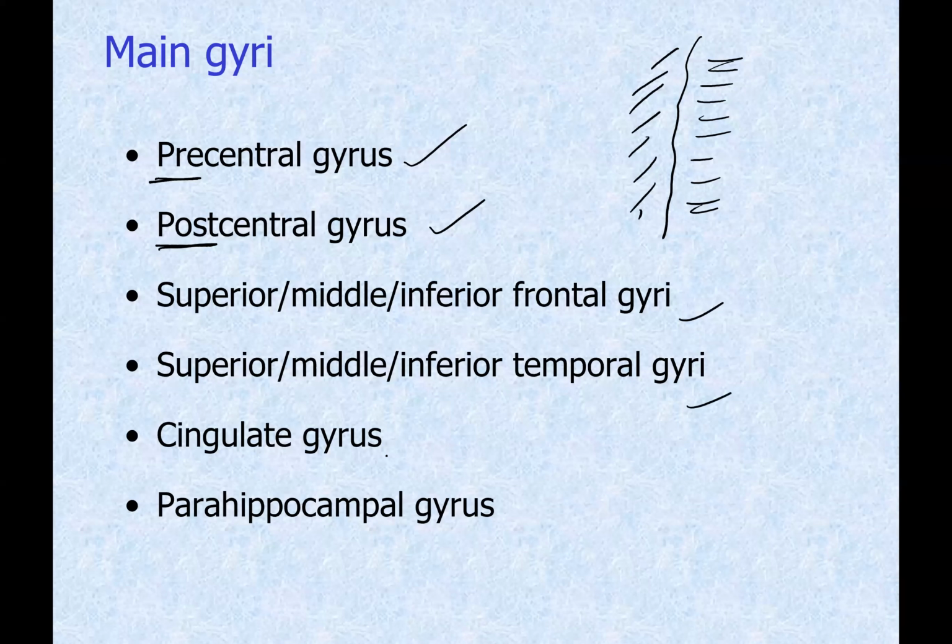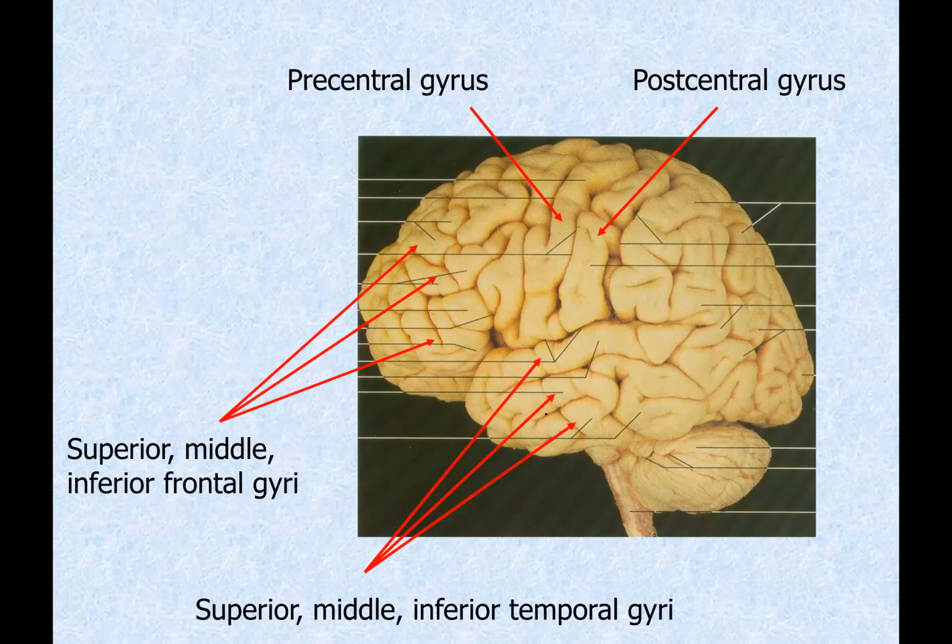Then you have what is called the cingulate gyrus. You can't see it on the lateral aspect. So when you draw the brain like this, the lateral aspect, you cannot see the cingulate gyrus. You have to cut this as a sagittal section to see it. Then you get the parahippocampal gyrus. So in this image of the lateral surface of the brain, you can identify most of these gyri except for two gyri that I have listed out.